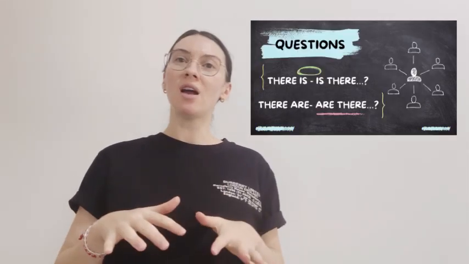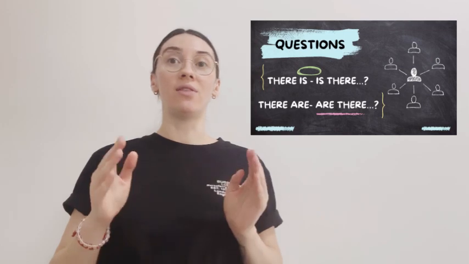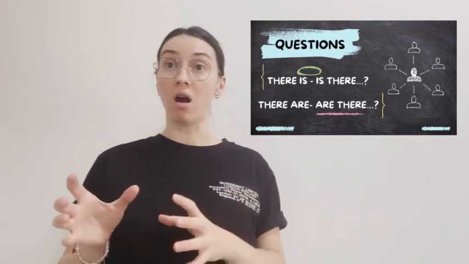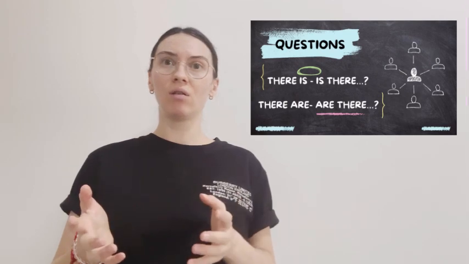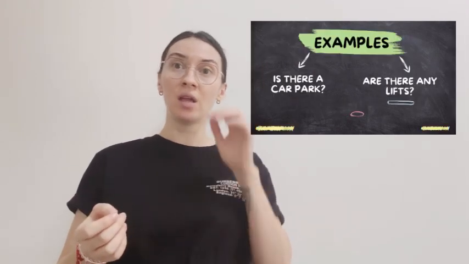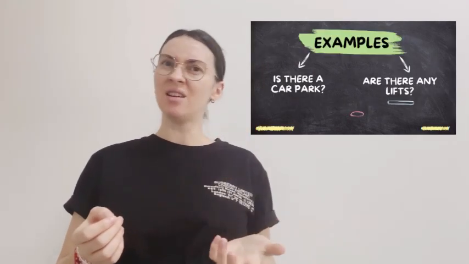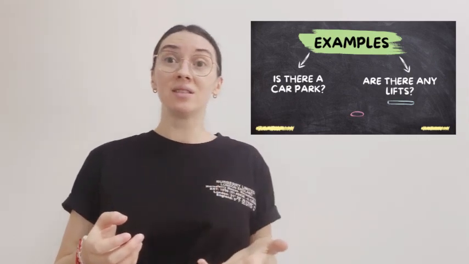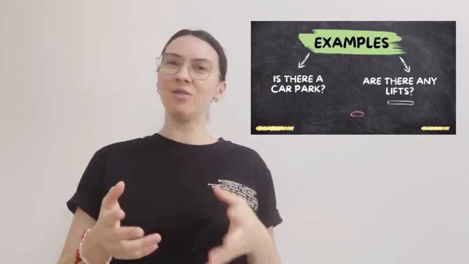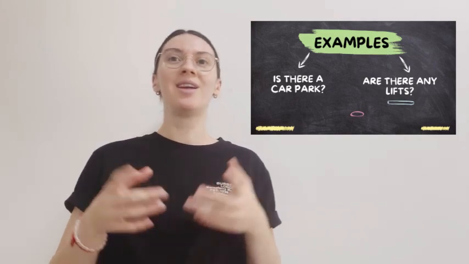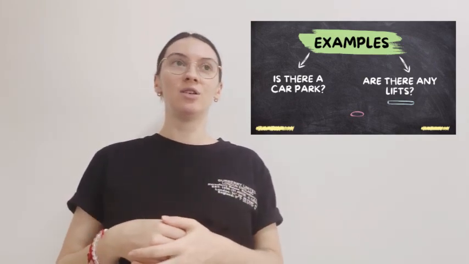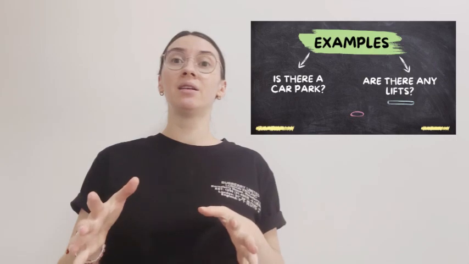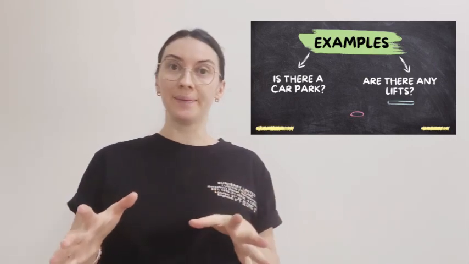So questions are formed by inverting there in is or are. So it's gonna be is there or are there? For example, is there a car park? And are there any lifts? Mia, please give me your example. Well done. So is everything clear here? Great.